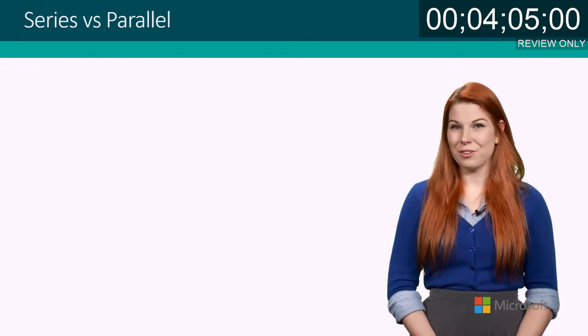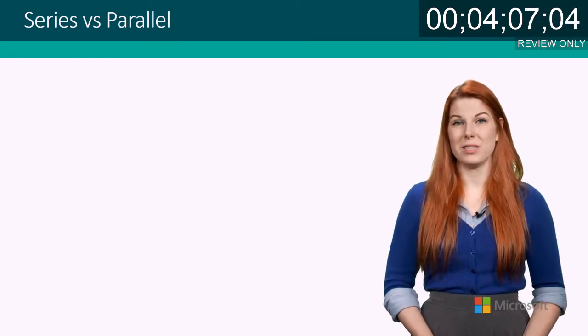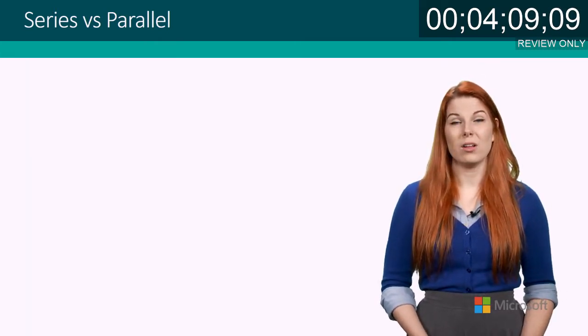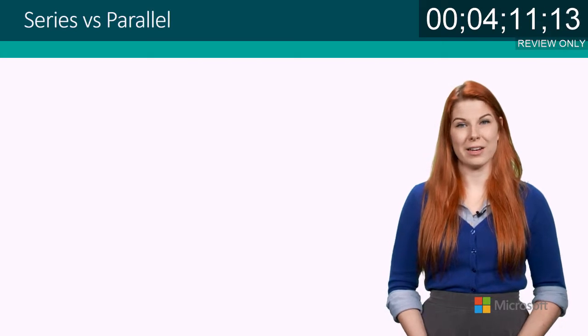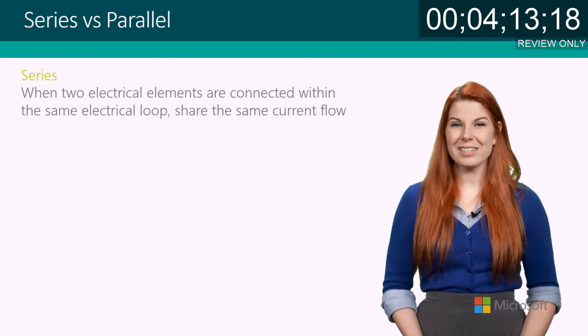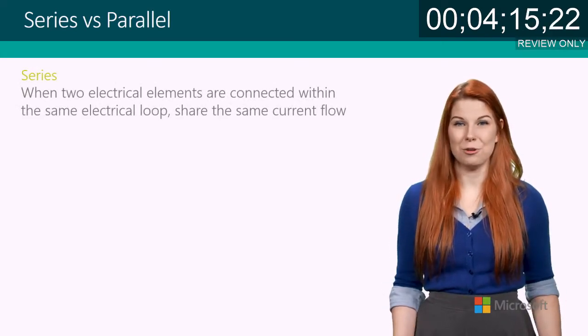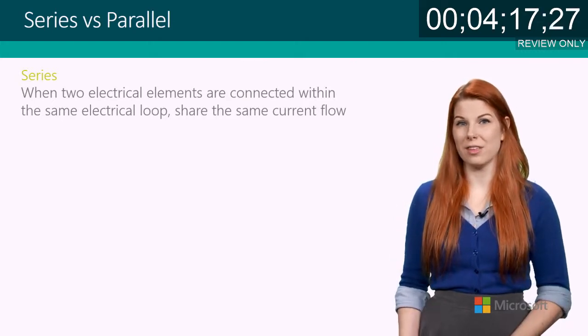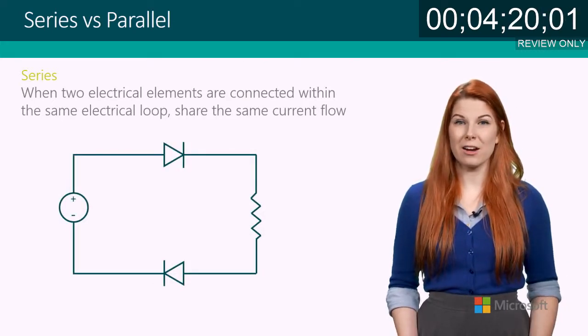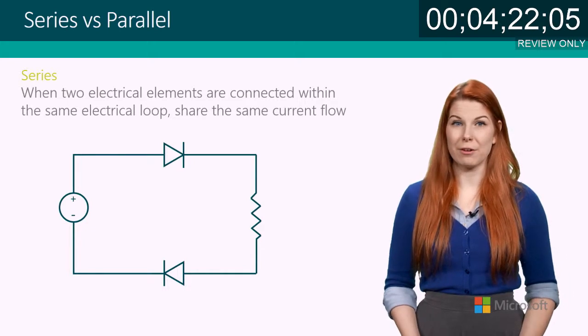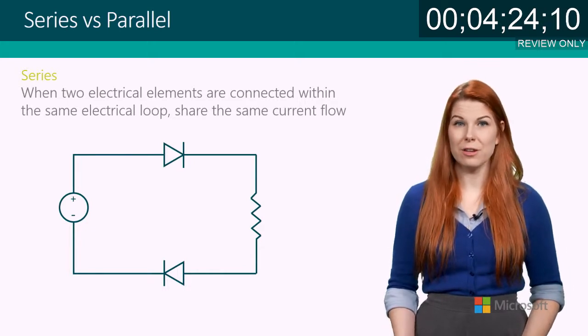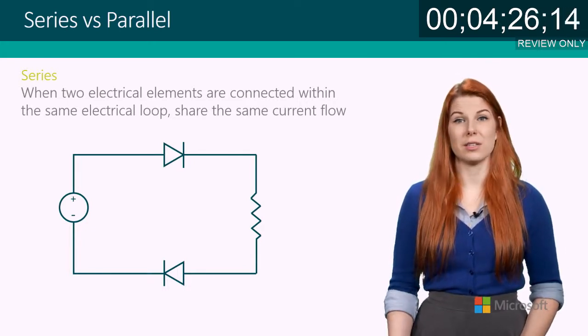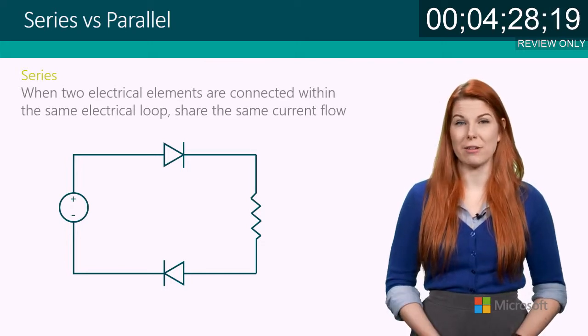There's a few different ways for you to connect each of your individual pieces together. They're what we would call series connections or parallel connections. A series connection is when you just directly connect 2 electronic elements, one right after the other. Just like our diagram before, let's say we have a battery and we can connect it directly to a diode, then directly to a resistor, and then directly to another diode, and then it goes back to the battery.